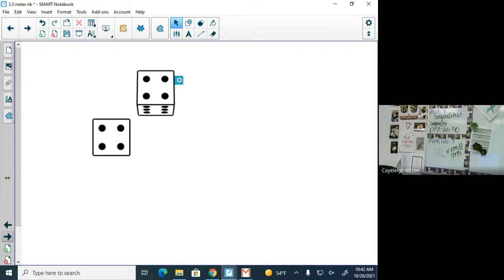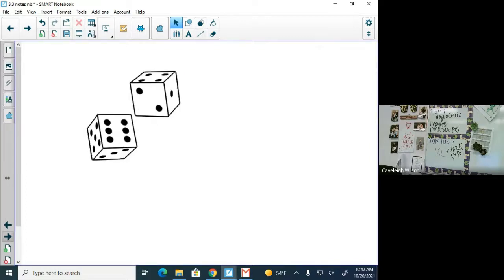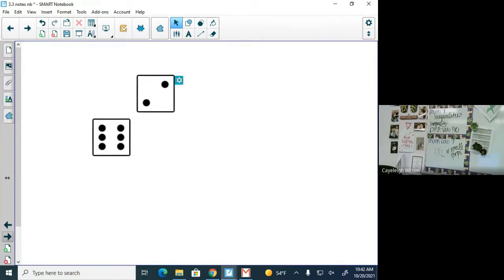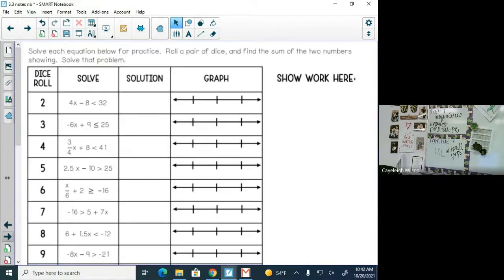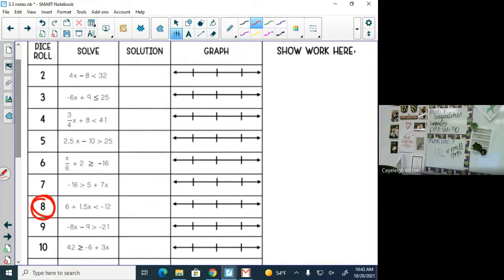I'm gonna roll my dice. And what number is this? 8. So you all are gonna do number 8 right now. So right now you should be doing number 8. And you can put the work, it says show work here on the side. You don't put it in that tiny little box. That's where you write your answer.